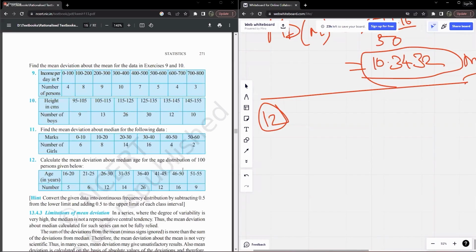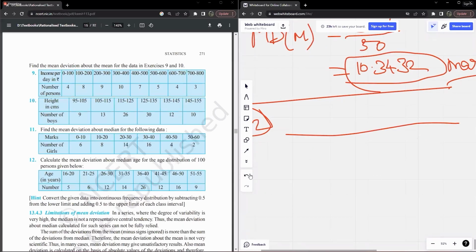Cool. Having said that, I'll now proceed with the question. I'll rewrite the data. So this is going to be 15.5 to 20.5, and so on and so forth. Wait, I'll actually not do this.